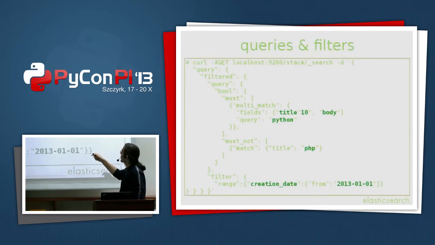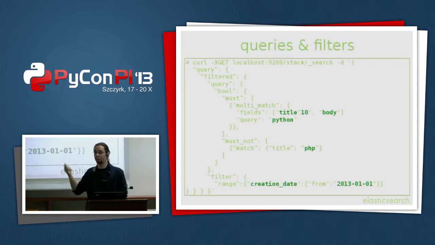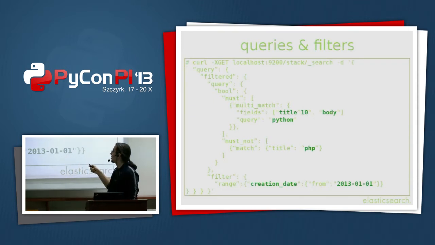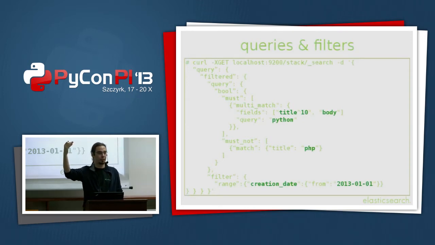So what this basically means is that if in title or in body, there is Python, it will match. And I'm also indicating that the title is more important to me. What that means is that the score of the document, the order that I get the documents in, will be influenced by this. So if there is Python in the title, it will be more towards the top.